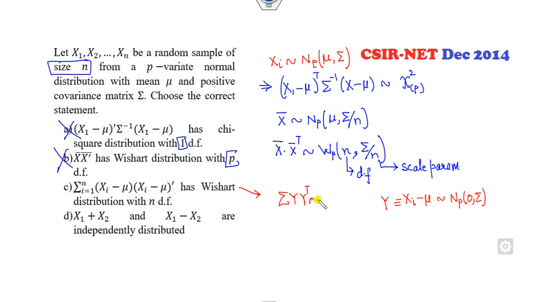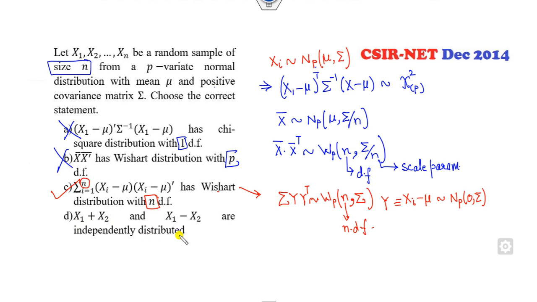So this follows my Wishart distribution with the degree of freedom n, summation is my n and mean is my sigma. You can see this is n degree of freedom. This option is the correct option.